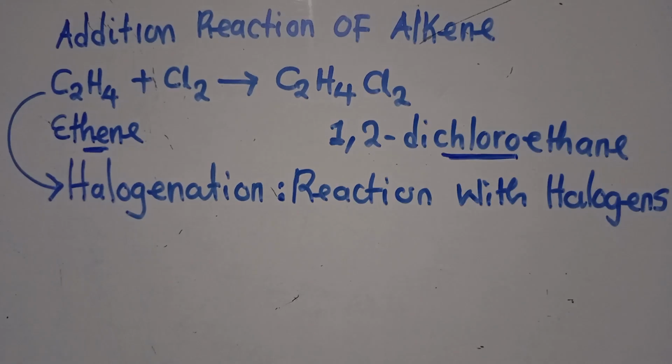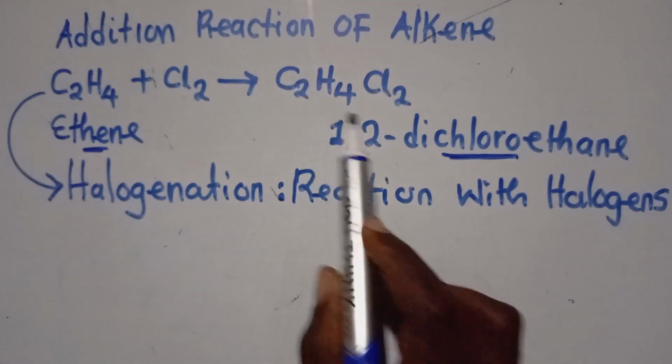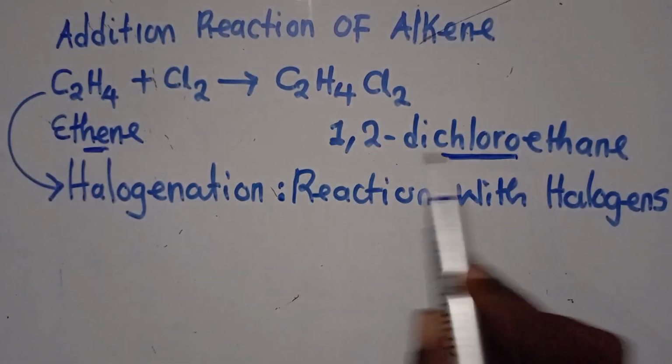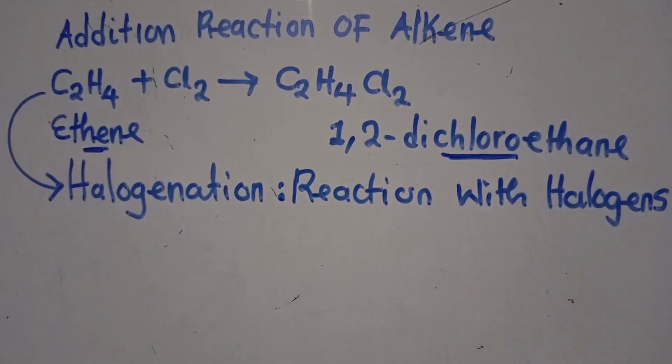I'm going to explain all these things so that you understand clearly. So this is halogenation, reaction with halogens. You first write the structural formula so that you understand how the name is coming about. I'm going to give you a lot of examples so that you may understand this in an easy way.